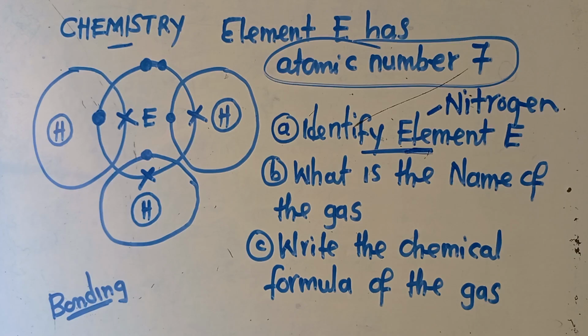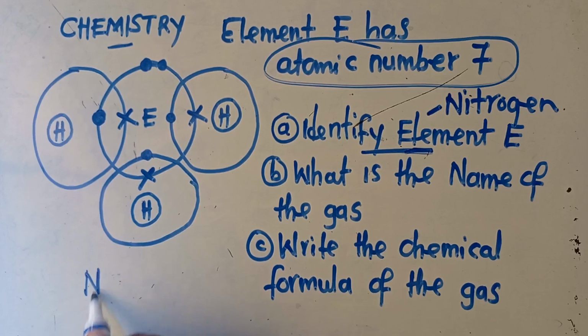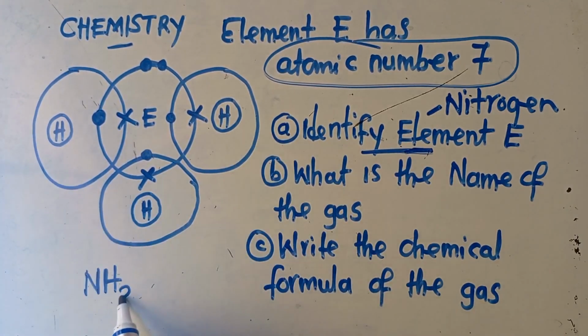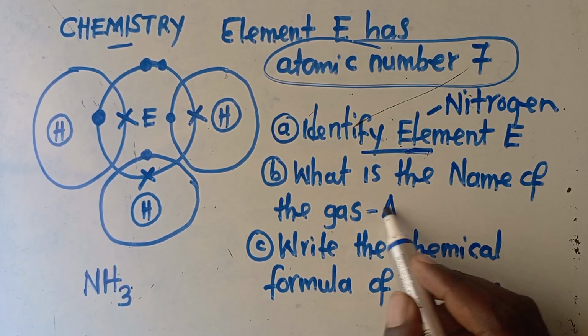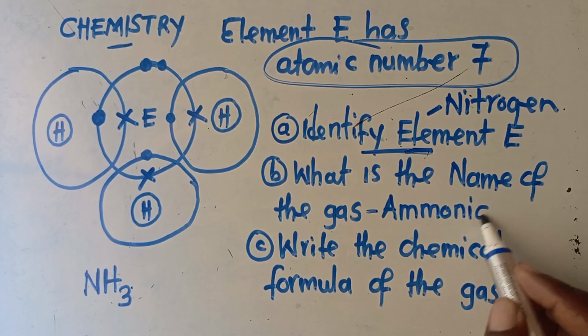We've identified that this element E is nitrogen. So nitrogen is bonded to how many atoms of hydrogen? 1, 2, 3. So I put a 3. Just by looking at this, the name has come: ammonia. This is what you need to get and understand.